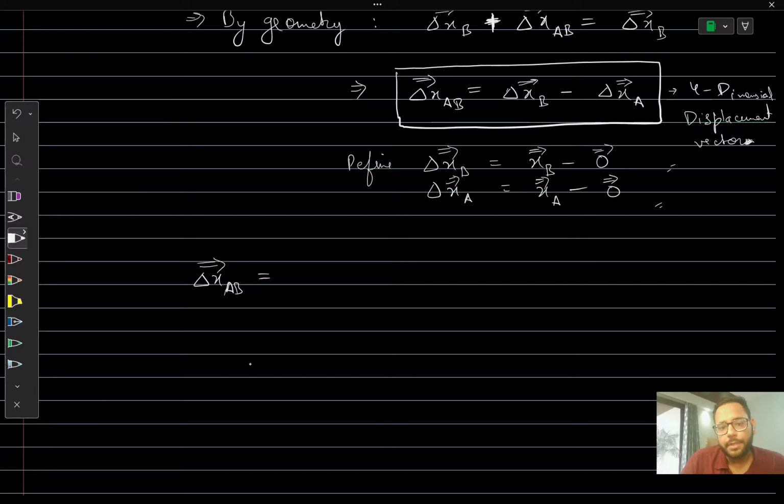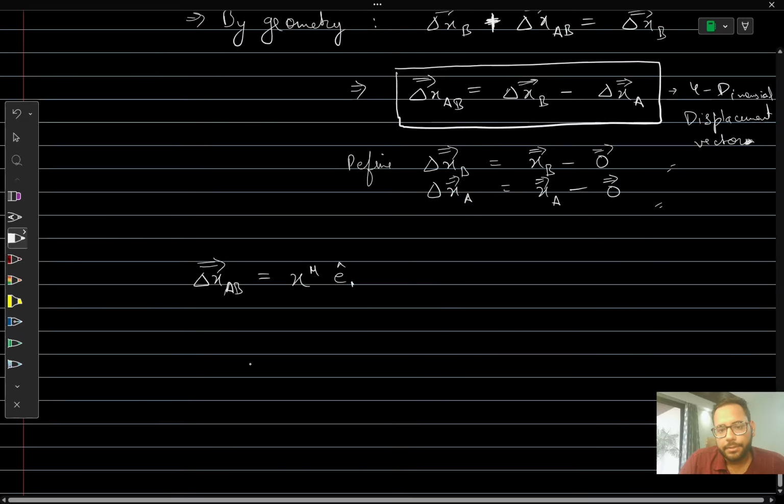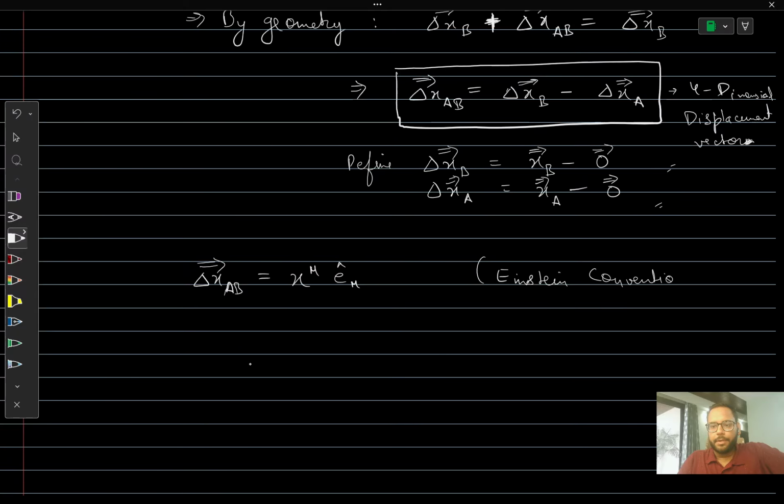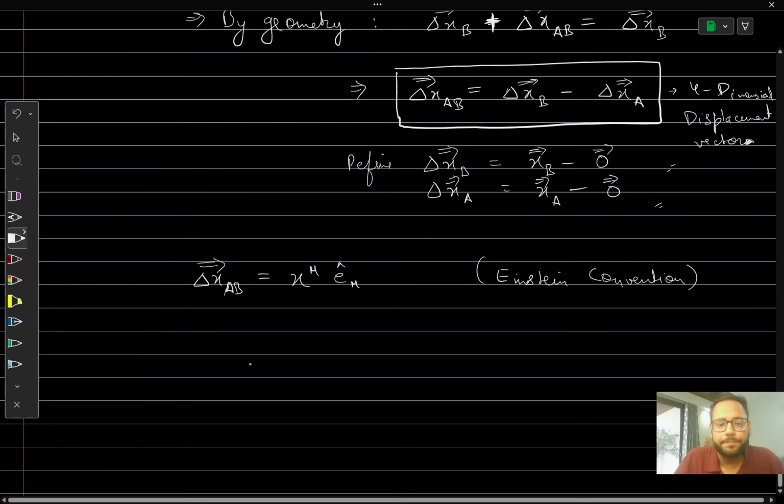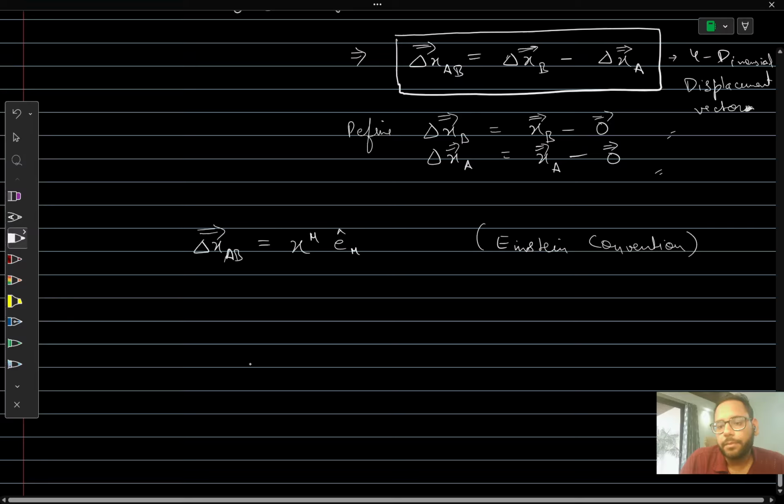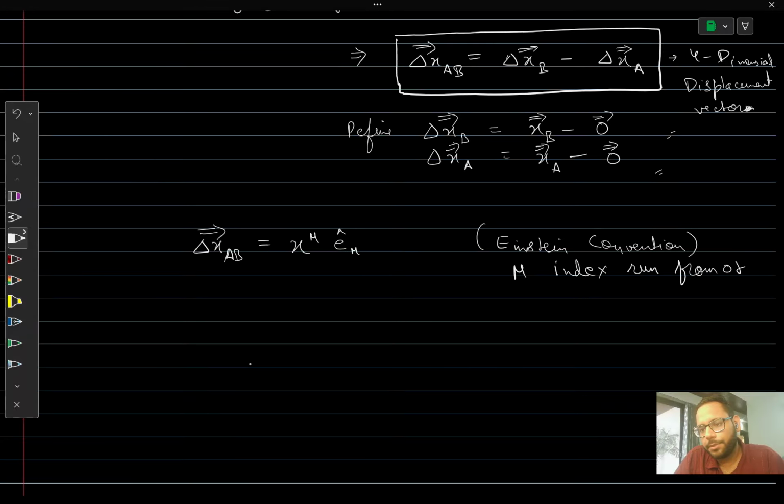In a basis I can write this as x^mu, assuming the Einstein summation convention: the dummy indices are repeated, they are summed over. And the mu index runs from 0 to 3.